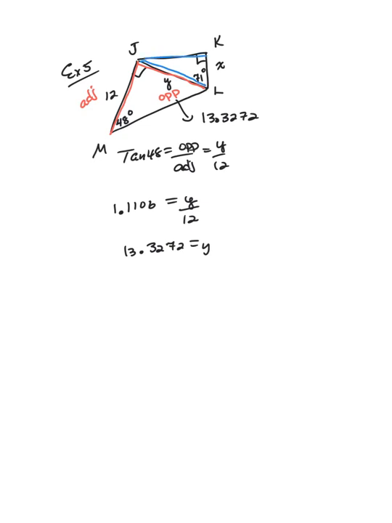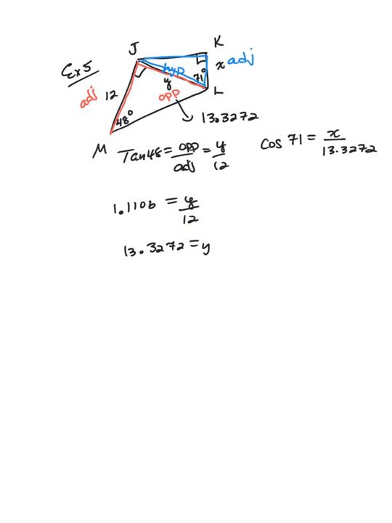If you look at the 71, this is now the hypotenuse, and this is the adjacent. So we're going to use cosine. So we have cosine 71 is equal to the adjacent, x, over the hypotenuse, 13.3272.